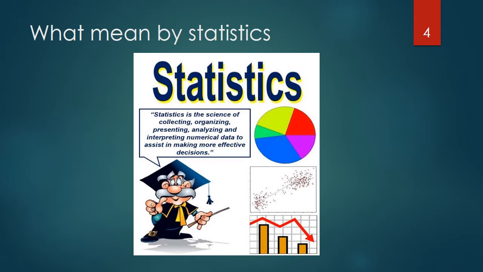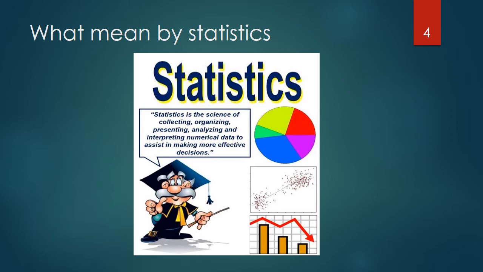Basically, we use statistics for decision making. To have a good, effective and correct decision, we use statistics. For that, we need to collect data, organize the collected data, present it and analyze it. Finally, if we do a correct analysis, then we can make a correct interpretation.